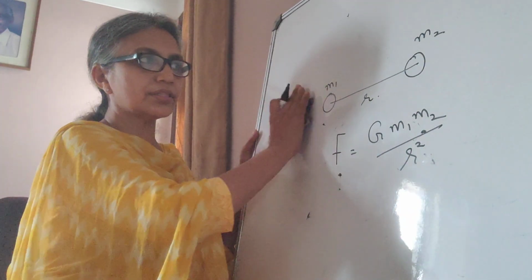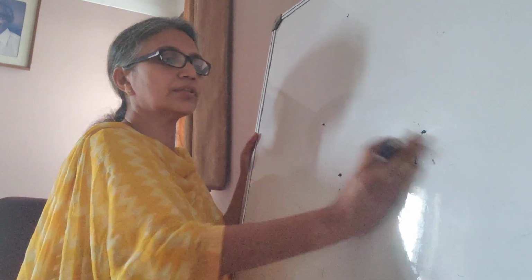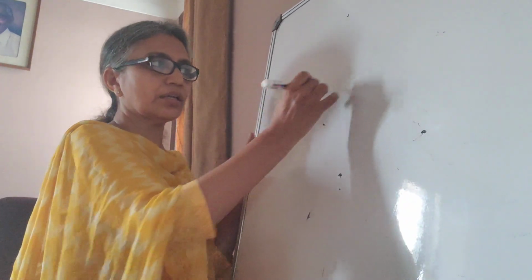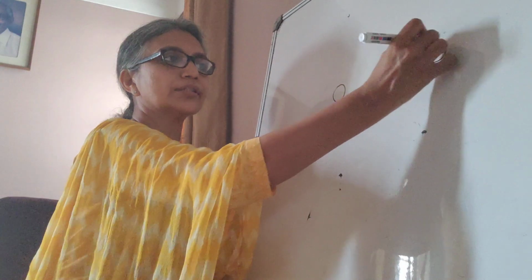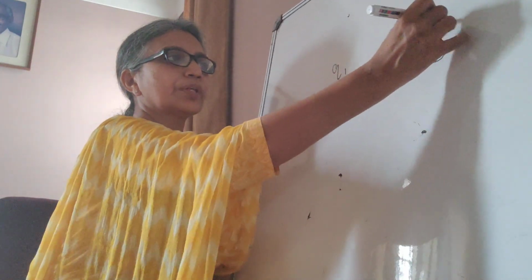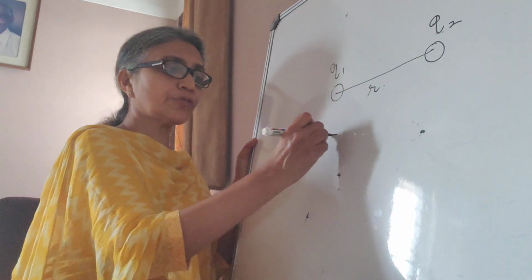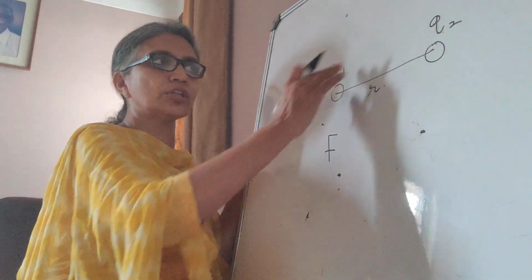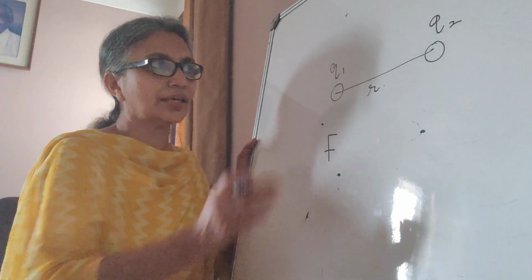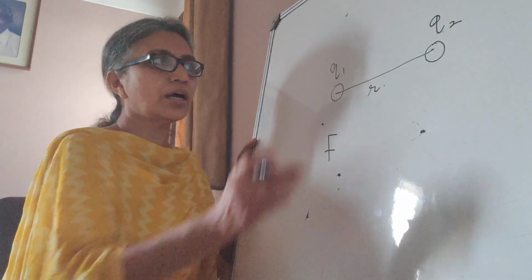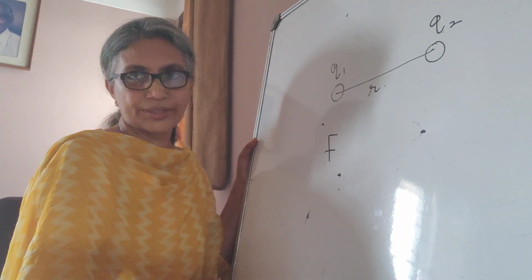Now the same thing this year is the electrostatic force, where we are talking about two charges Q1 and Q2 separated by a distance r. So this force F, as you know, if both are positive, like charges, will be repulsive. Unlike charges will be attractive.